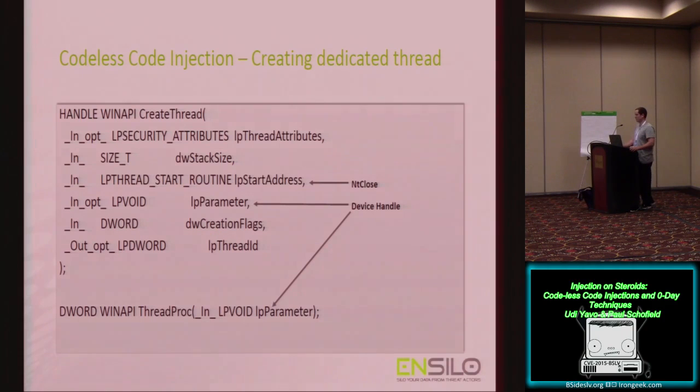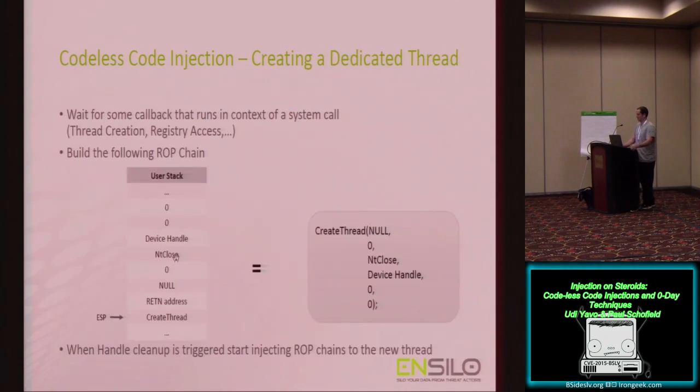Basically, there are two arguments we care about. The first one is the procedure that the thread is about to execute, and the other is the parameter it's about to receive. So what we're going to do is use the trick we did to get callbacks, and we'll set the create thread call with NtClose as procedure and the device handle as an argument.